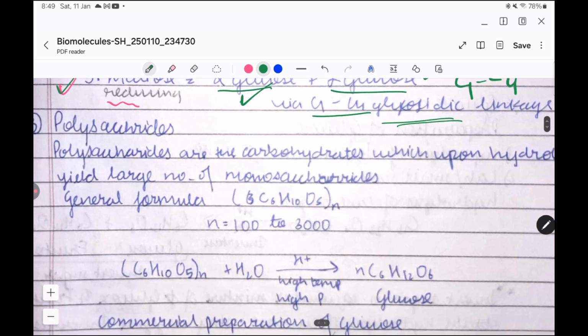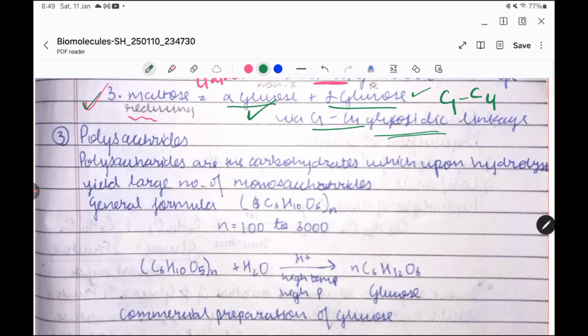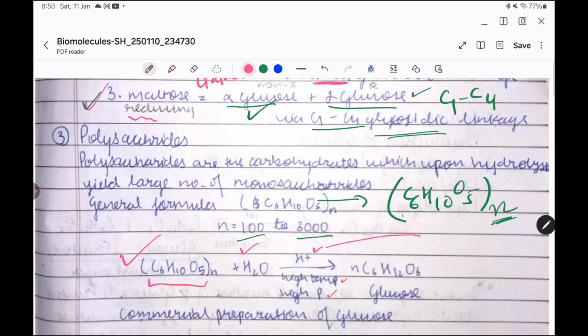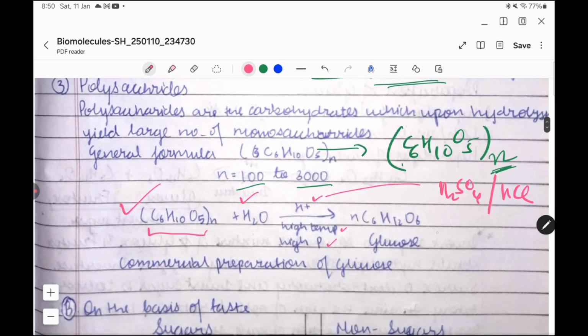Now polysaccharides are the carbohydrates which upon hydrolysis yield a large number of monosaccharides. The formula is C6H10O5 n number of times, where n is a very big number starting from 100 to 3000. If you take any such carbohydrate and boil it with water at high temperature and pressure with acid, mostly H2SO4 or a few drops of hydrochloric acid, you'll get a large number of glucose molecules.